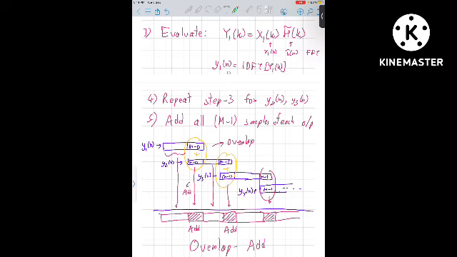So what we do, keep this as it is. Keep it as it is. This is the added portion of the m minus 1 points. Keep it as it is. This is the added portion. So you see, there is an overlap and there is an addition going on.